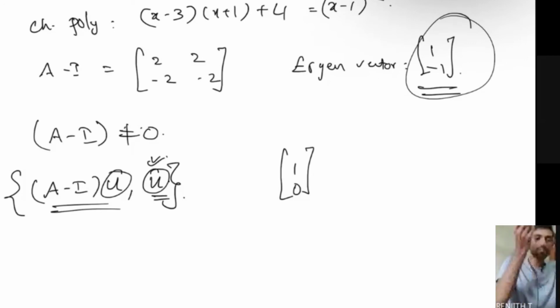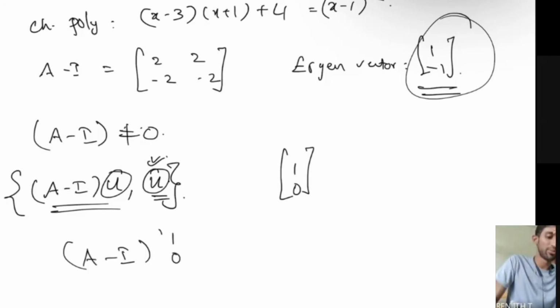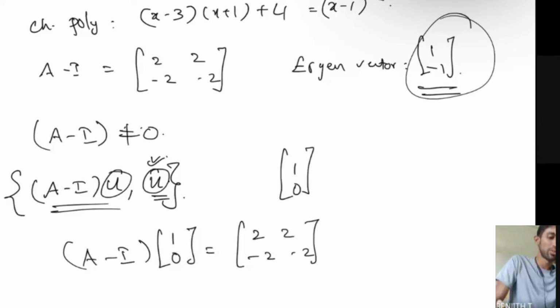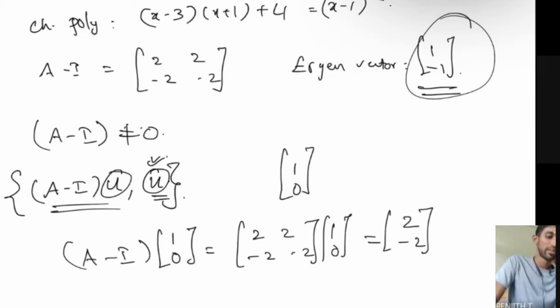So the simplest vector is 1, 0, right? Yes, sir. Yeah. Now what is A minus I times 1, 0? It will be the matrix 2, 2 minus 2 minus 2 times 1, 0. It is 2 minus 2. Okay?